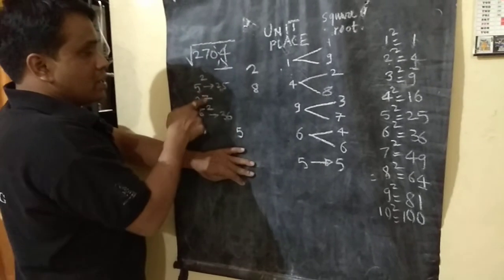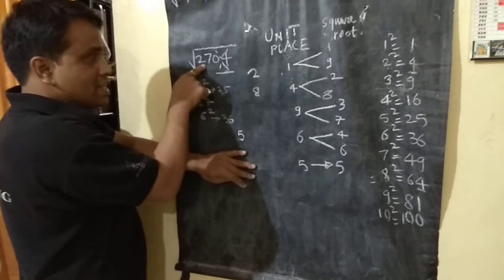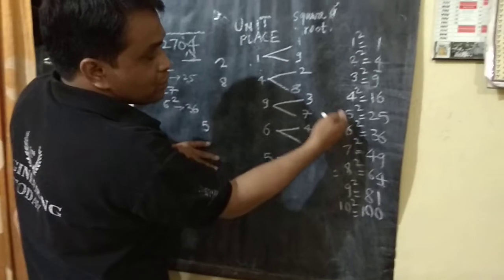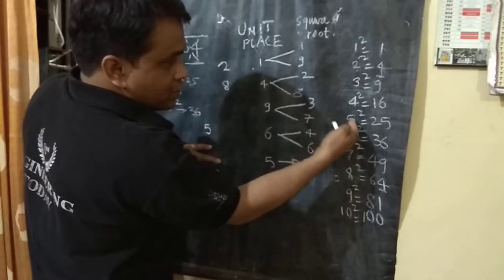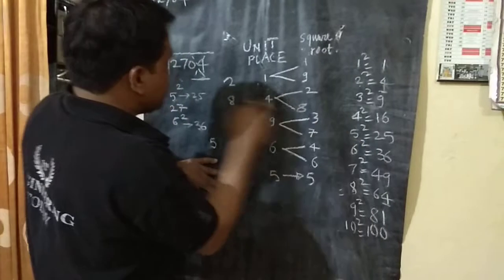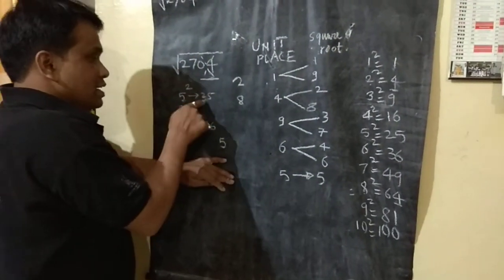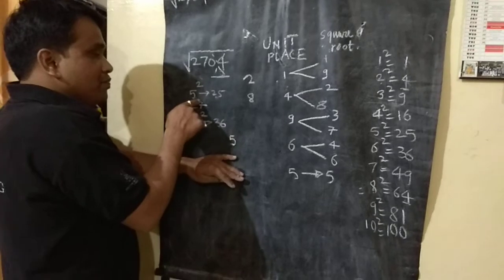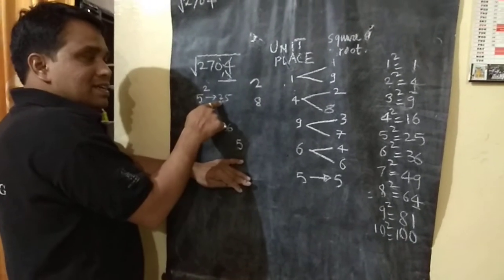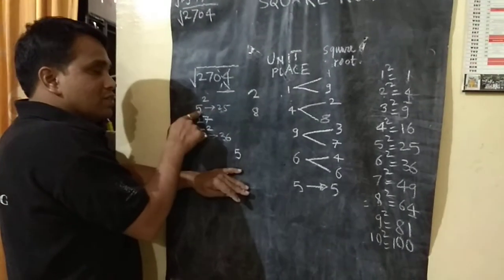Okay, so what I did here: I took this 27 as a whole number. I found out this 27 falls between which two numbers. This 27 falls between 5 square and 6 square. 5 square is 25, 6 square is 36. 27 is greater than 25, so I have to take the square root of 25, which is 5.